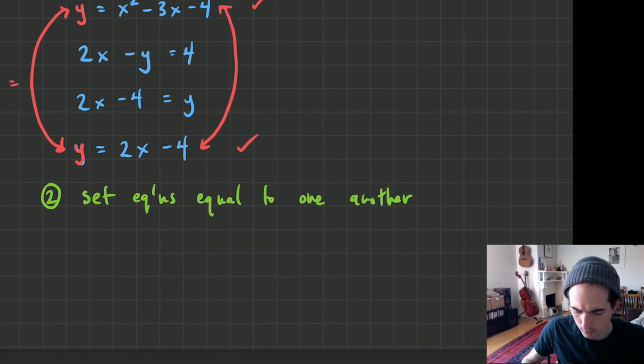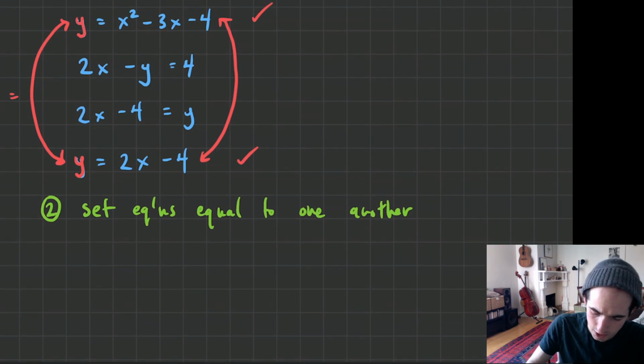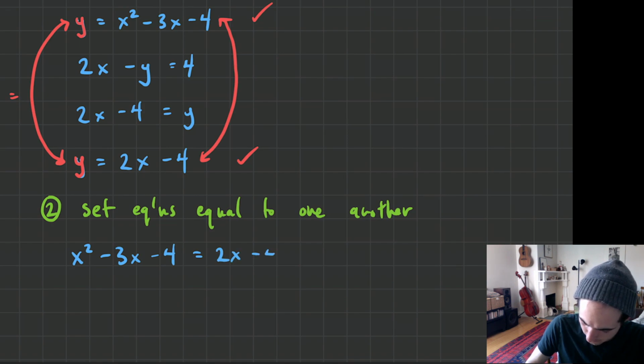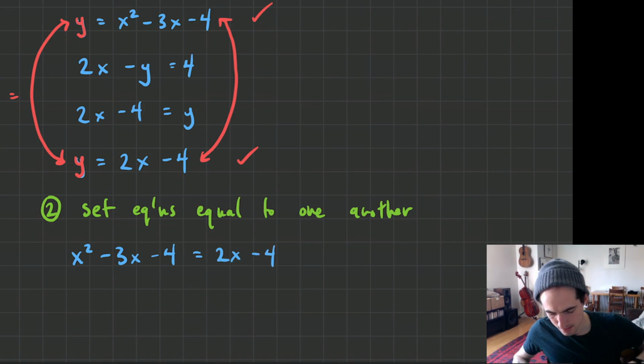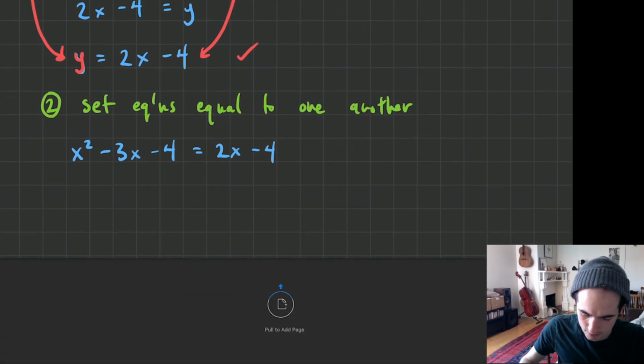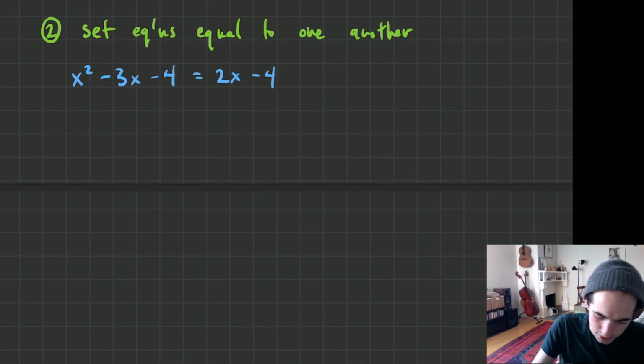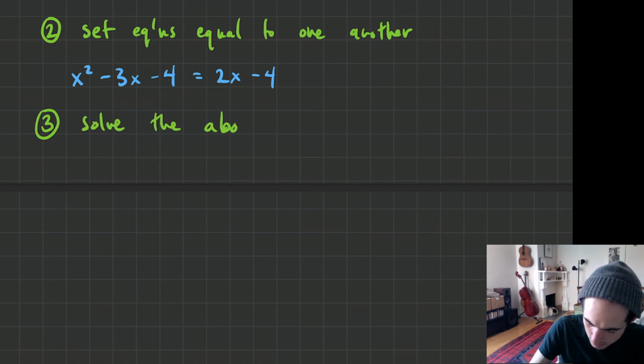So the y is equal to y, so that means the other side of the equation is equal to the other side of the equation. And we get x squared minus 3x minus 4 is equal to 2x minus 4. Okay? And we solve this. So that's our third part of the procedure, is to solve the above equation.